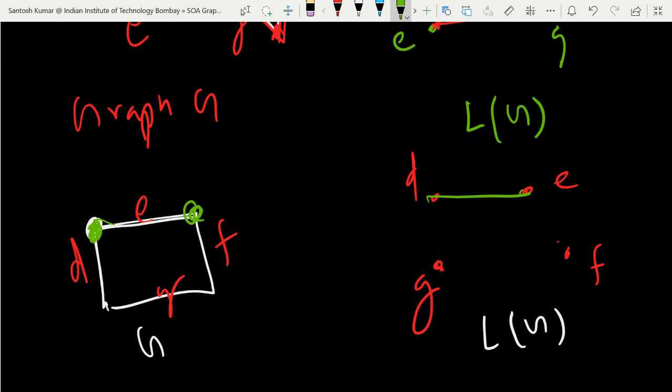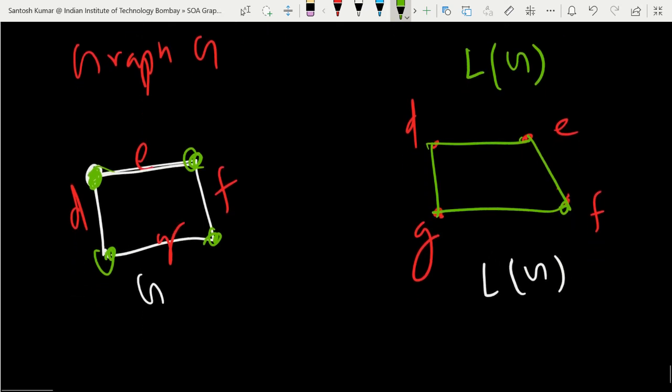One vertex will be DF, one will be FG, and one vertex between this. The same graph you see here, right? Just make each edge in G a vertex, and if two edges in G share a vertex, then you make an edge in the line graph.